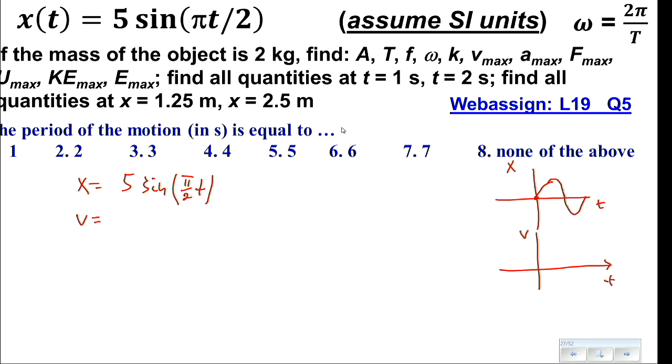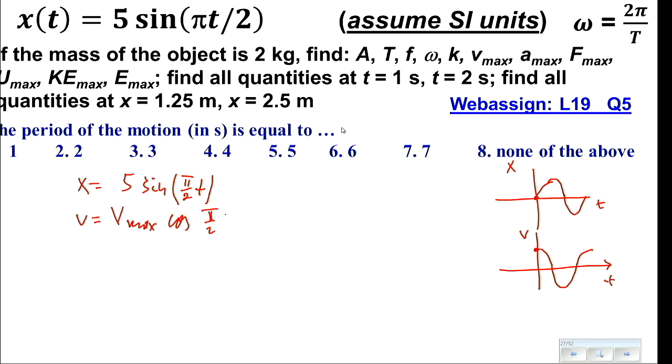So initial velocity was positive. It wasn't 0, it was positive. Eventually, the velocity goes to 0, and so on. And we look at this curve, and we know it is not a sine anymore. It is a cosine. So the equation is V max cosine, same omega.